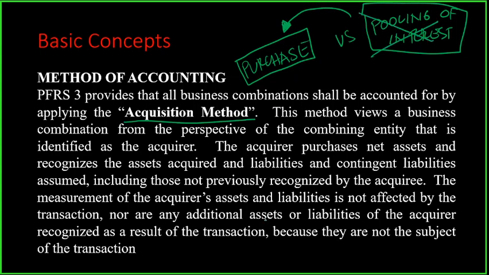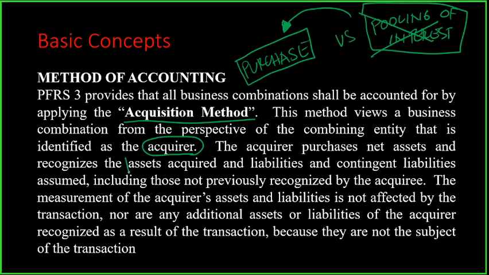This method views a business combination from the perspective of the combining entity that is identified as the acquirer. So under business combination, most of the time we look at the transactions from the point of view of the acquirer. Later we'll talk about how to identify the acquirer. The acquirer purchases net assets and recognizes the assets acquired.